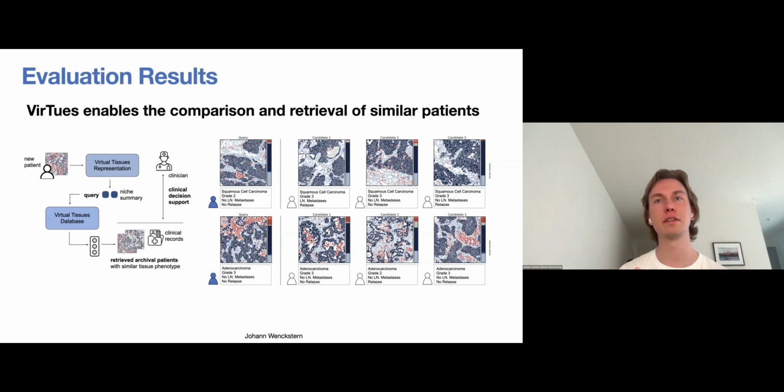The bar plots on the side show the proportions of the different cell types, and the retrieved tissues all show similar composition. In the second row, you see a different tissue with higher immune cell infiltration, and subsequently the retrieved candidates also have higher immune cell infiltration.